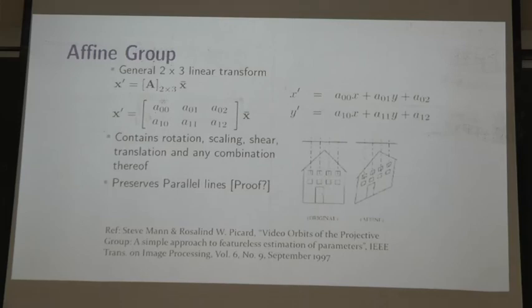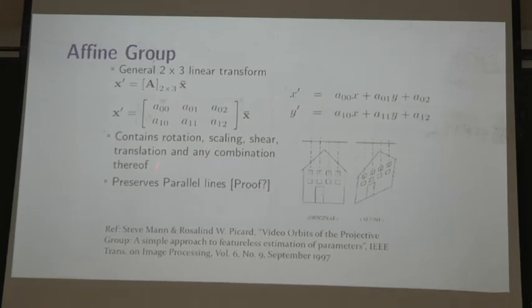But in general, they don't have to follow that constraint, so it could be any 4 numbers, and these could be any 2 numbers. So that particular group also forms a group, and that particular group is called the affine group. And in the affine group, all of these are contained within them: rotation, scaling, shear, translation, or any combination thereof.